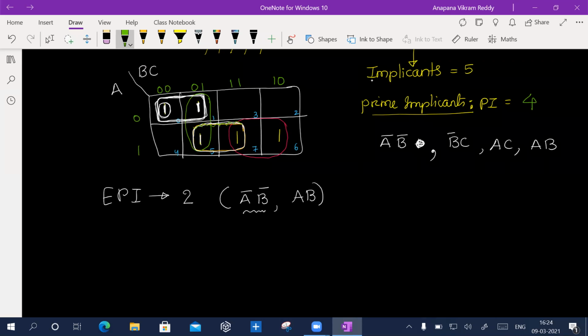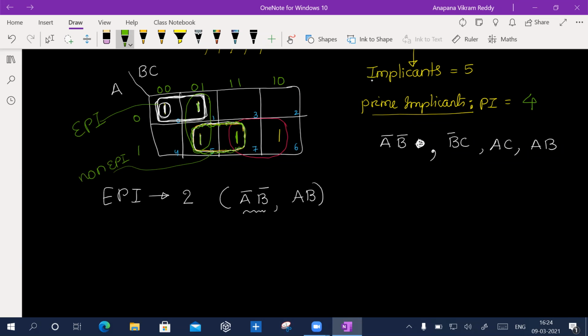I can't take this one as my EPI. Why? Because this one is covered with this one, and if I take this curly PI, the remaining one here is also covered with the red one. Yes or not? Obviously yes. So this is my EPI, and this one is a non-EPI.